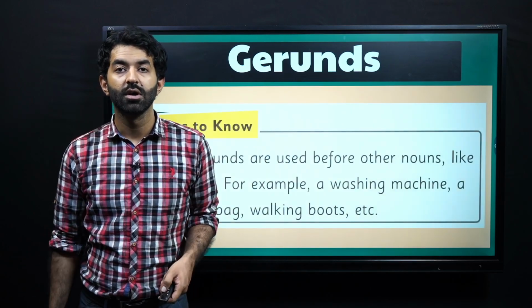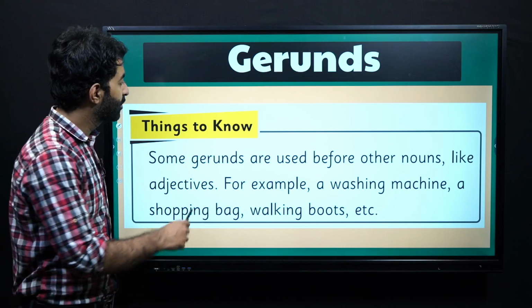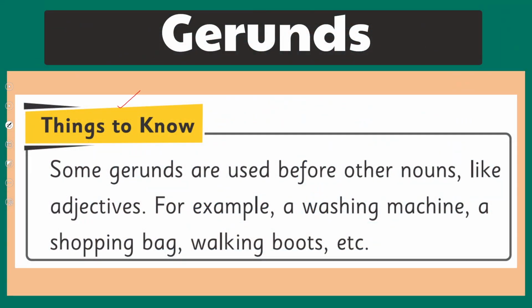Now students, let's talk about some things to know from the book. Some gerunds are used before other nouns like adjectives. For example, a washing machine, a shopping bag, walking boots. Here we have two nouns, machine, but we also have this gerund that is working as a noun.